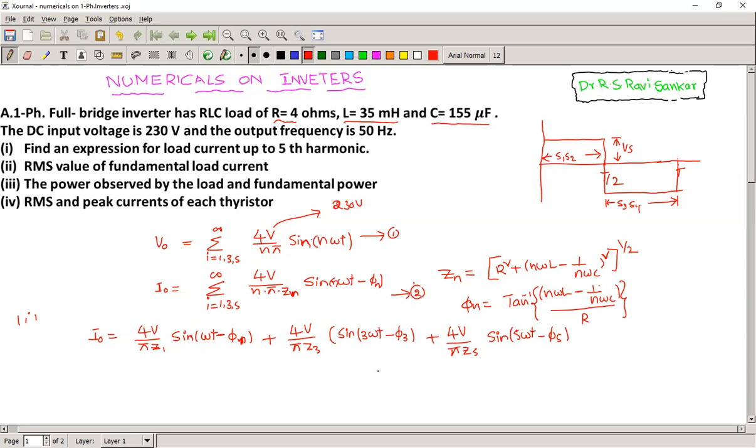So this is the expression for the current up to fifth harmonic. You take it as equation 3. Now the RMS value of the fundamental load current.